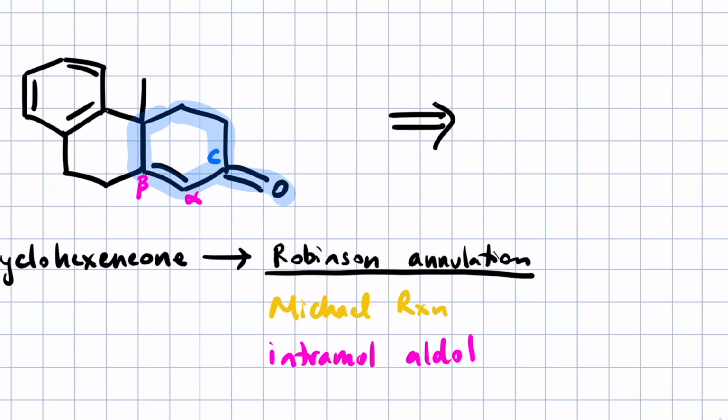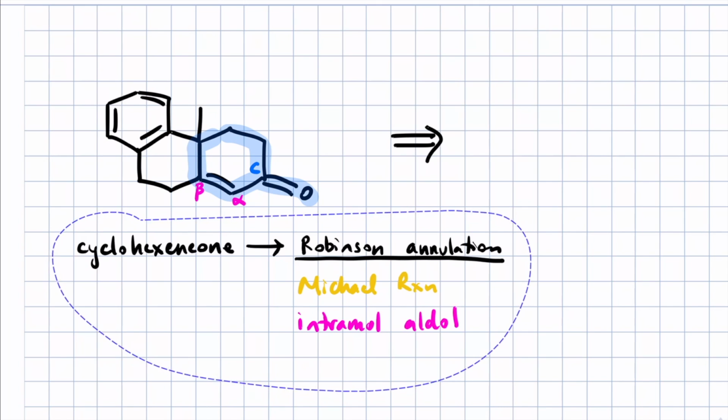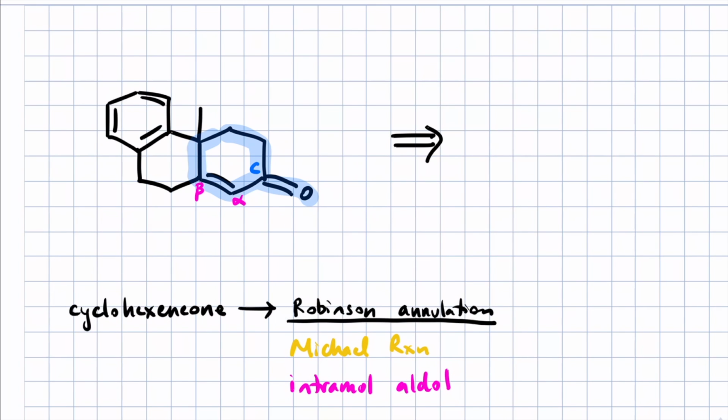I'm reminding myself that the sigma and pi bonds between alpha and beta carbons here would have been made by an intramolecular aldol reaction in which the alpha carbon was the enolate and the beta carbon now would have been the carbonyl carbon of the electrophile in the intramolecular aldol reaction.